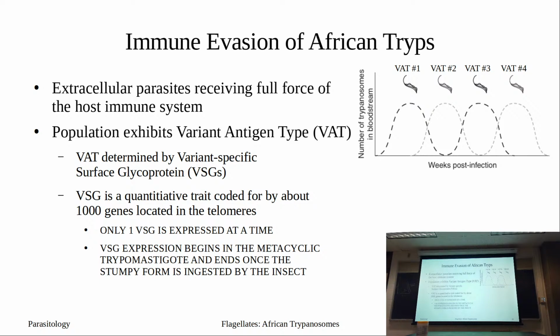We've got quite a few VSG types, and there seems to be some sort of progression. It's probably some sort of non-random progression that's tied to how the rearrangements happen. But we know a lot about these rearrangements and why they occur, and this is one of these things where those telomere regions, they don't keep shrinking like you would have learned.